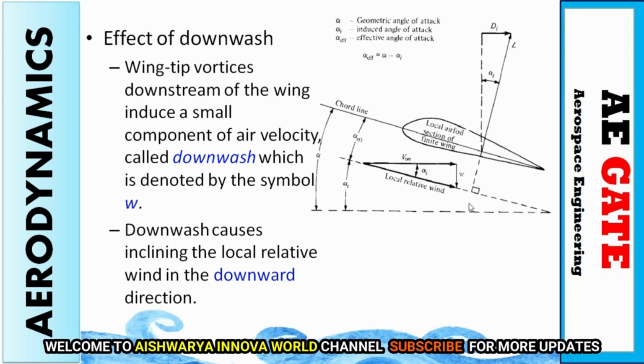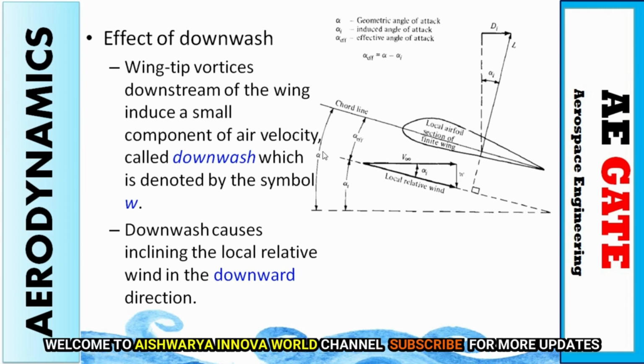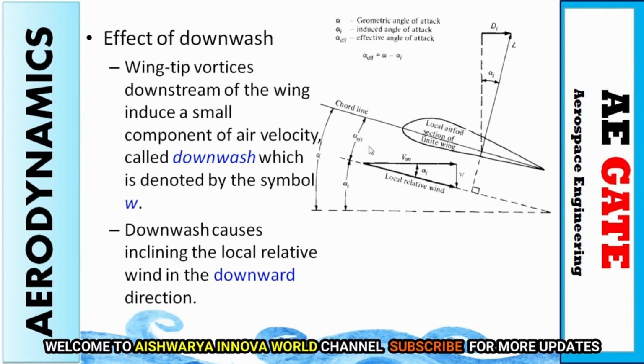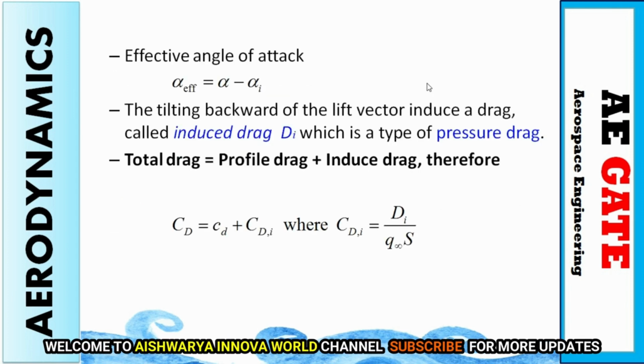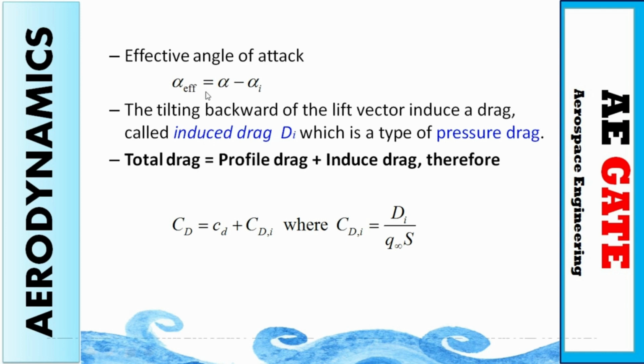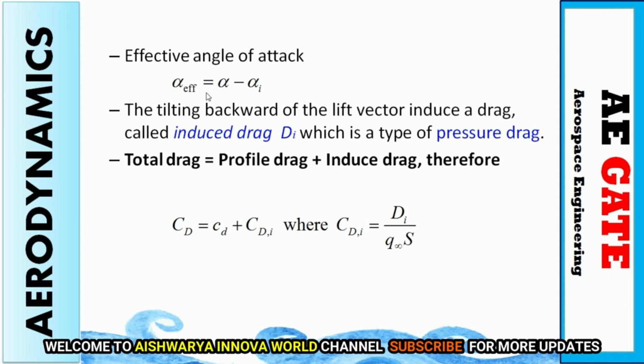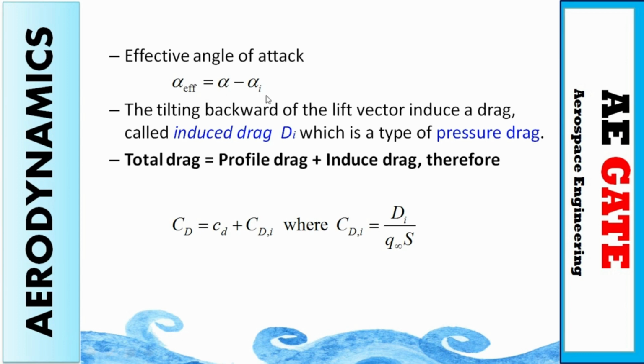The angle between the chord and the relative wind gives an effective angle of attack, and the summation of the effective angle of attack and the induced angle of attack is the geometric angle of attack. That is, alpha equals alpha effective plus alpha i. So the effective angle of attack equals alpha, the geometric angle of attack, minus the induced angle of attack.